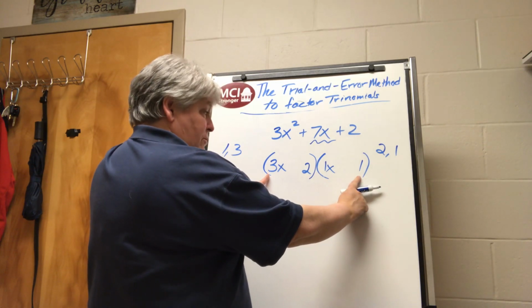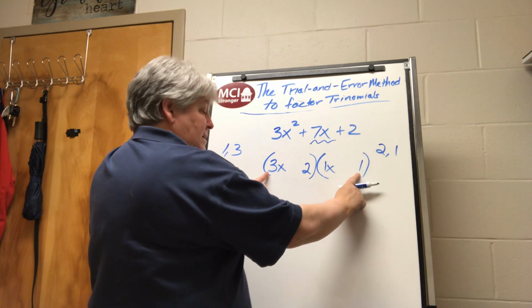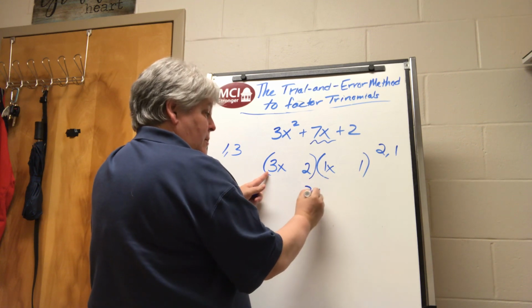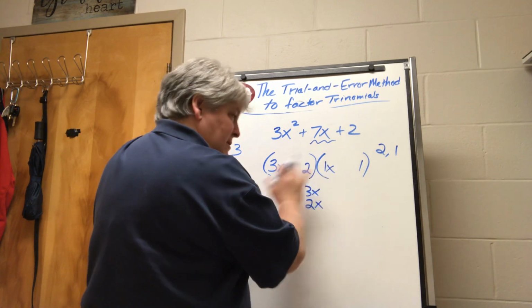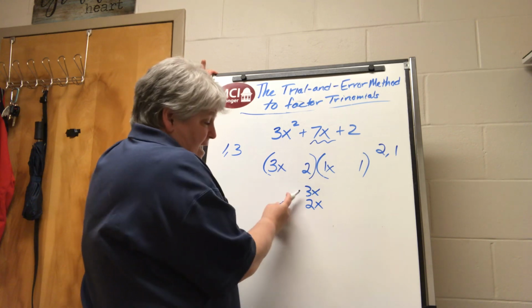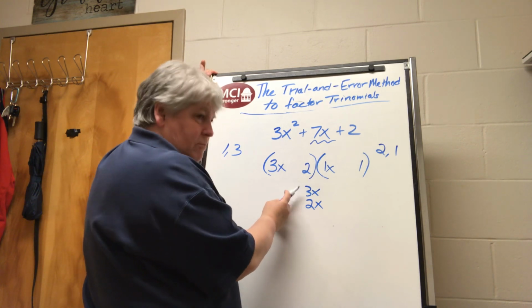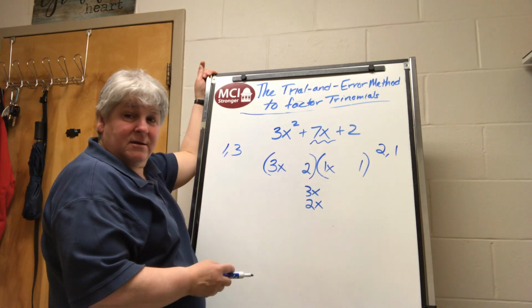The product of the outers added to the product of the inners. So I go 1 times 3x, 2 times 1x, and since I delayed putting the signs in for now, I just ask myself, if I had my way about signs, positives or negatives, could I ever get that to add to a 7x?